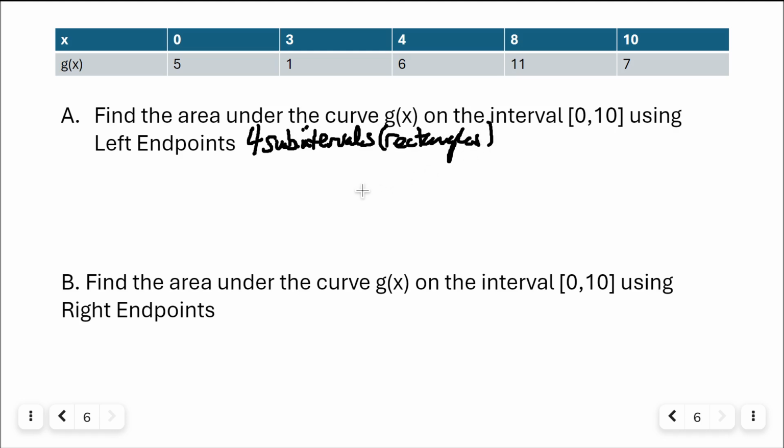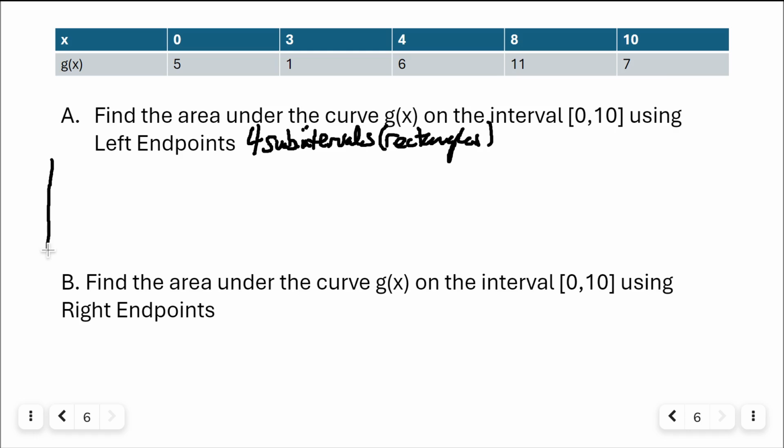Now, notice I didn't say equal width, and I'm going to show you why in just a second. So here's what we're going to do. I am not going to draw this picture. I'm not going to plot all 5 points on my graph to make f of x.